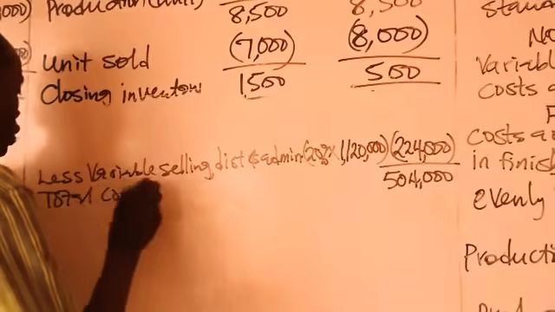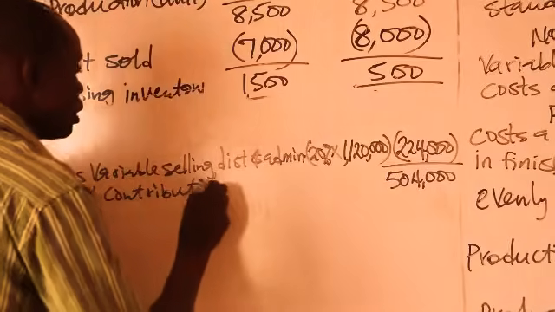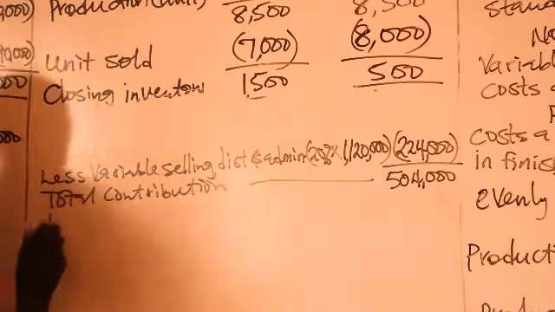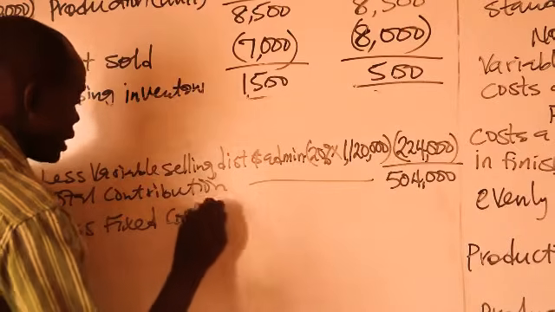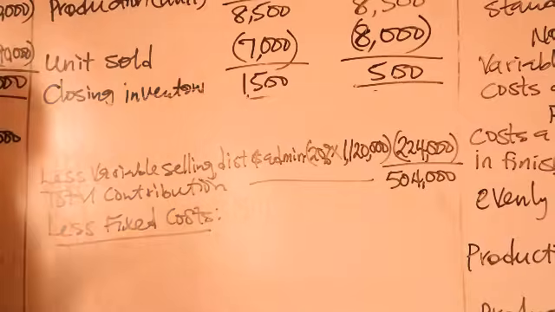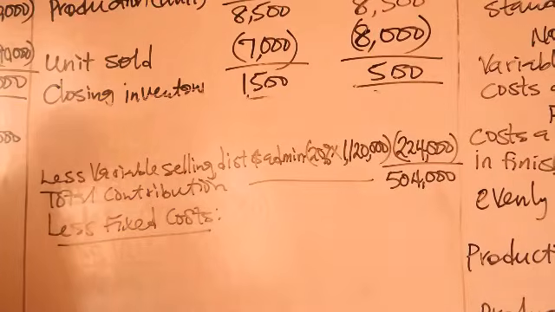From the total contribution of 504,000, now less fixed cost. Don't forget, I've told you that fixed cost should be treated as the cost of the period in marginal costing.